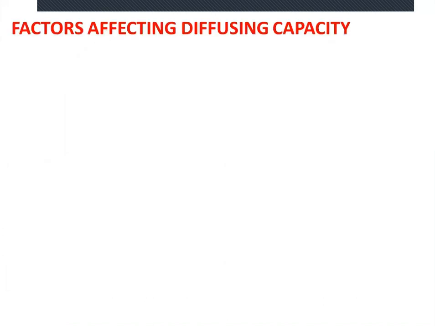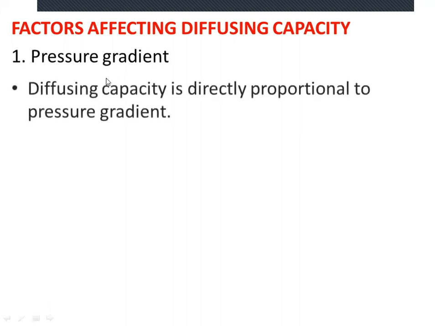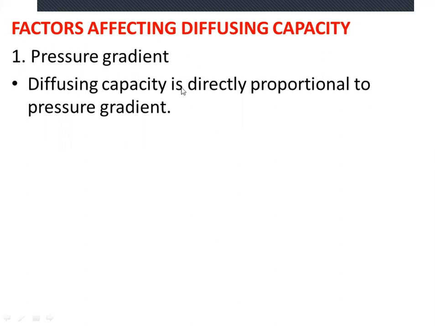Then we will see what are the factors affecting the diffusing capacity. First one is the pressure gradient. The diffusing capacity is directly proportional to the pressure gradient. That means increased pressure gradient increases the diffusing capacity.